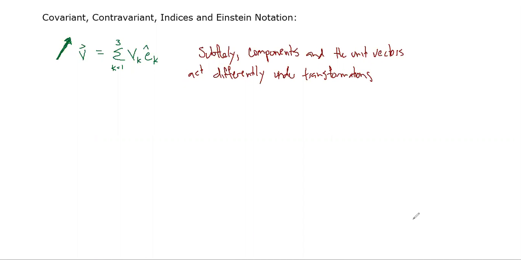The easiest way of seeing that is if I go from meters to centimeters. I have a vector that I used to measure in meters, and now I measure it in centimeters. What happens to the magnitude of that vector? Does it go up, go down, or stay the same?